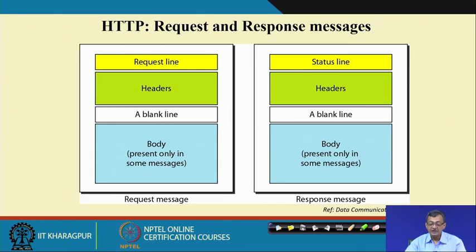In case of a response message, it has a status line, that is, based on the request what the status is, a set of header lines, a blank line and the body of the message. Again there may be no body. So, this is the basic block, but what the different types of requests, responses, commands, status reports are, we will see slowly.